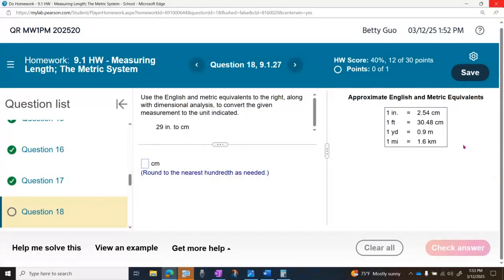And 1 centimeter is from the tip of your finger to the end of your nail. That's about 1 centimeter. So you tell me, between inch and centimeter, which unit is smaller?